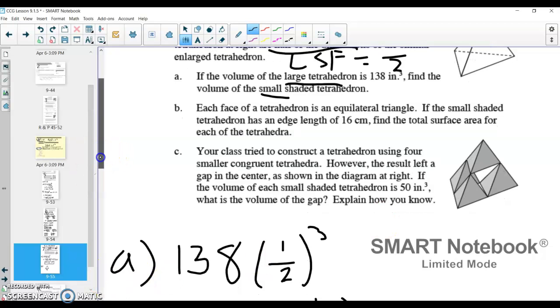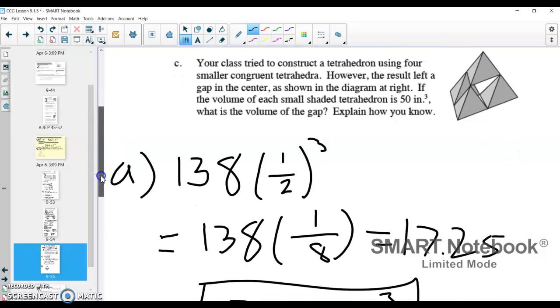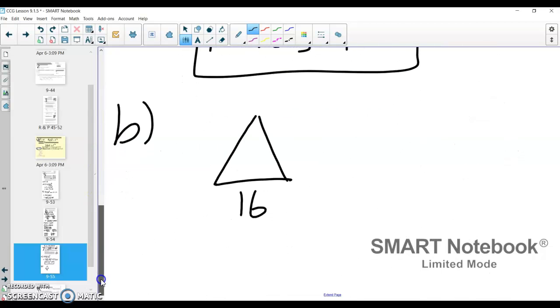We have 3 equilateral triangles around, and then 1 equilateral triangle as the base. And so that 3-dimensional shape is really made up of 4 equilateral triangles as its faces. All right, and so I just need to find one quick. I kind of got sidetracked there. I got to find one before I can find all of them.